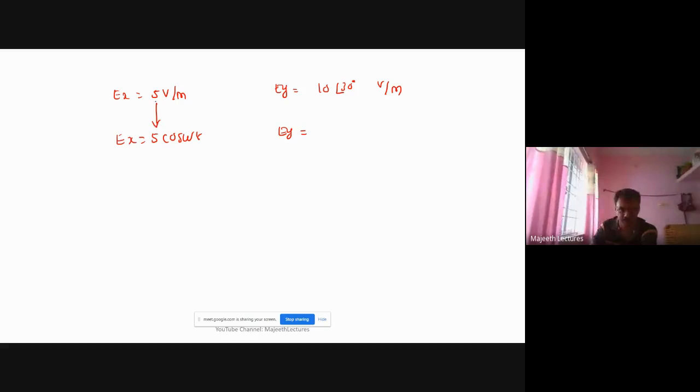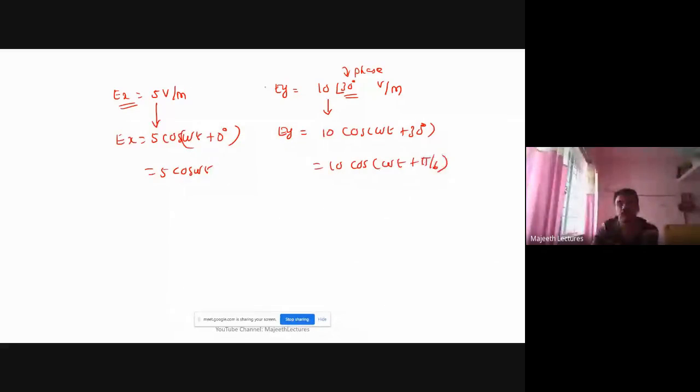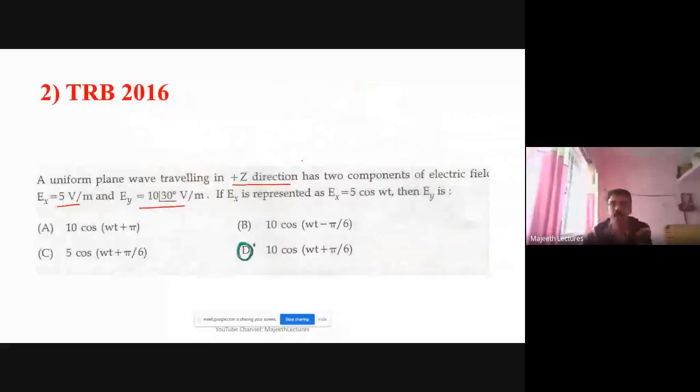You see, for Ex the magnitude is 5 and the phase is 0. So Ex is equal to 5 cos omega t. Here for Ey the magnitude is 10 and the phase is 30 degrees. That is equal to 10 cos(omega t plus pi/6). That's my Ey.